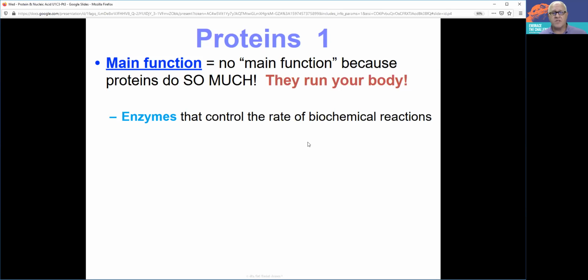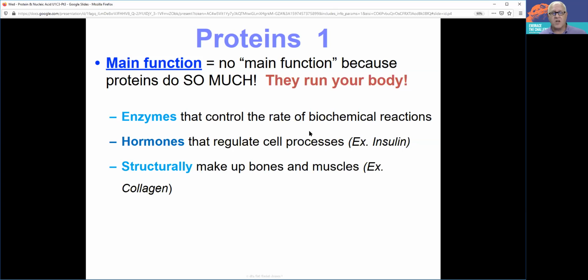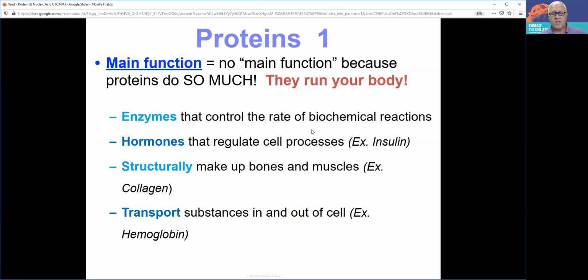There are enzymes that control the rate of biochemical reactions. There are hormones that regulate the cell processes, such as insulin. Structurally, proteins make up the bones and muscle. They're part of collagen. And for transport, they transport substances in and out of the cell, such as hemoglobin.